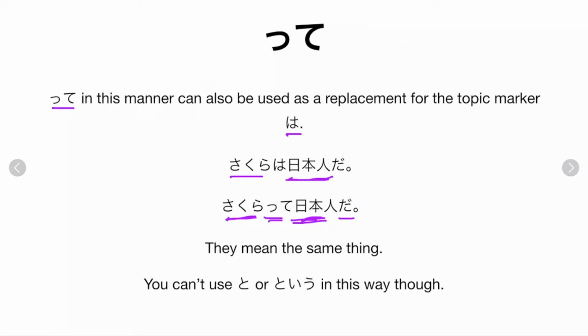I just want to point out, you cannot use te the way that you're using te like this when you say Sakura te Nihonjin, right? So if I talk about Sakura, she is a Japanese person, and if you say Sakura wa, speaking of Sakura, she is a Japanese person. You can only do that with te.